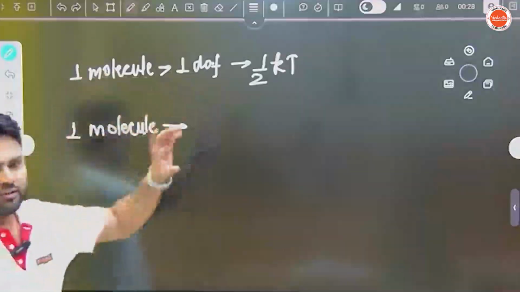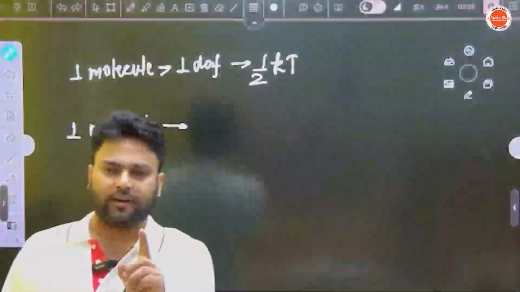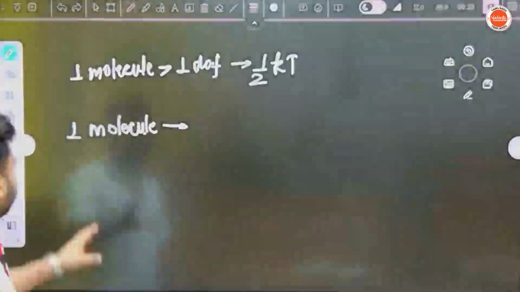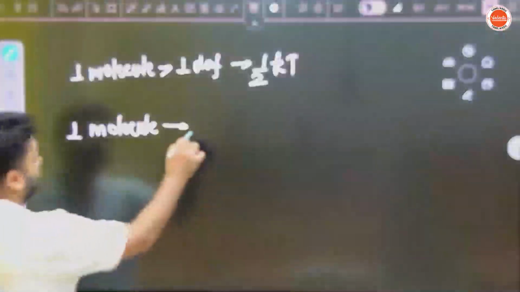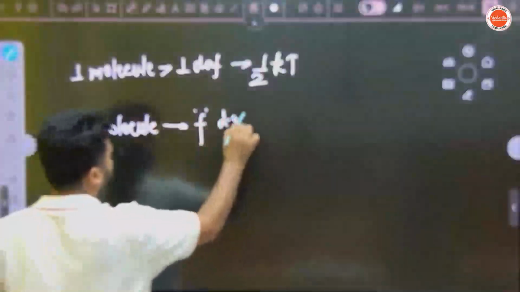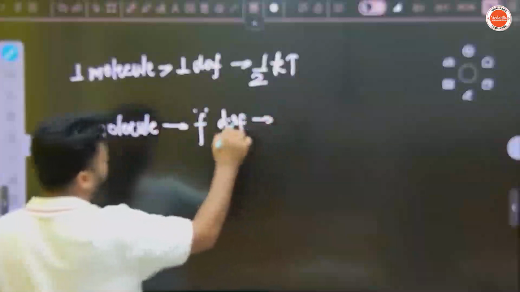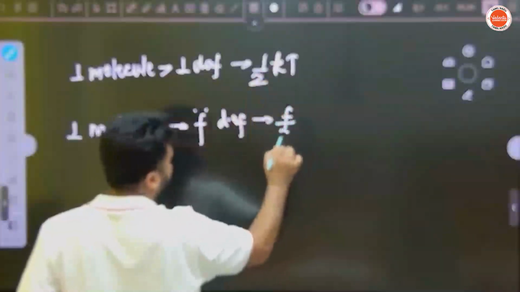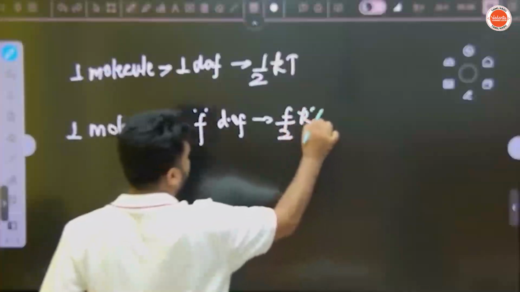So if there is one molecule and it has f degrees of freedom, its energy will be you multiply by f, so f by 2 kT.